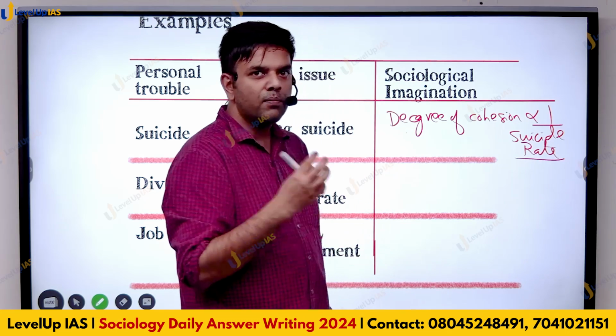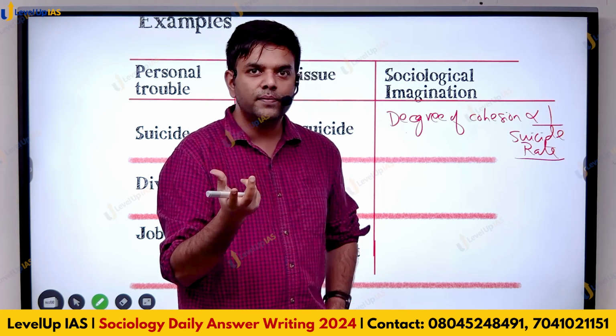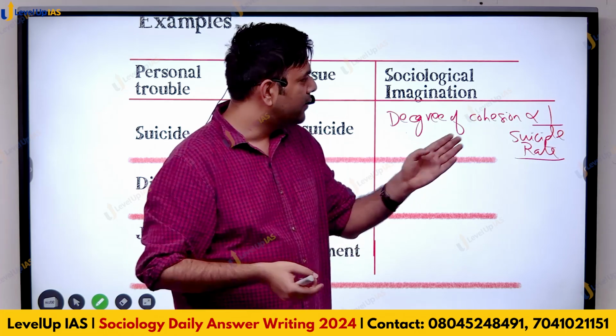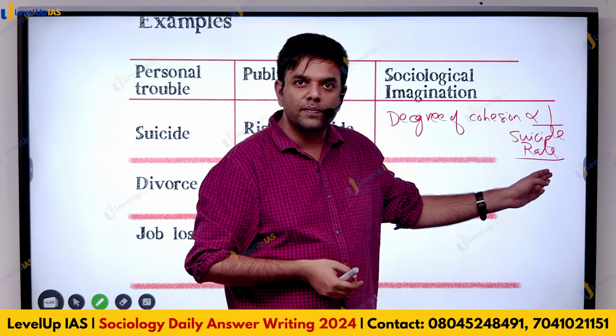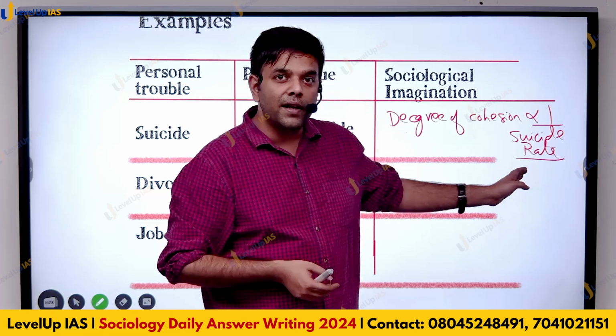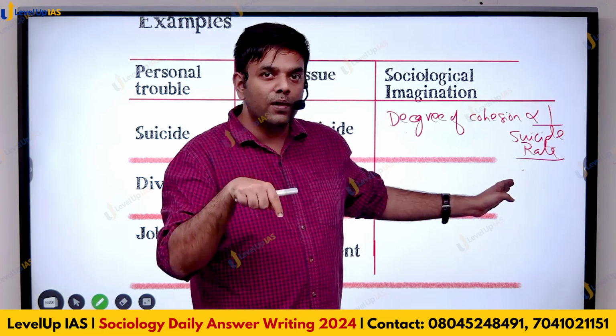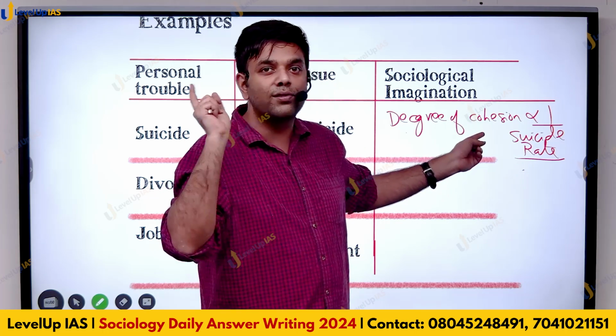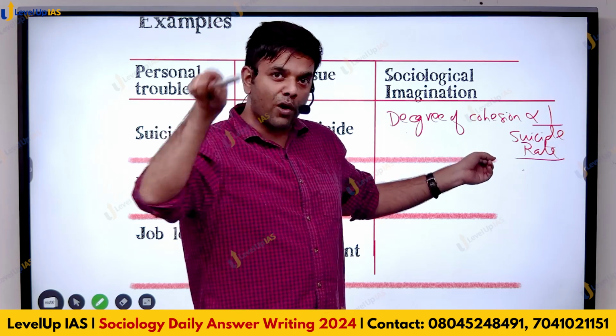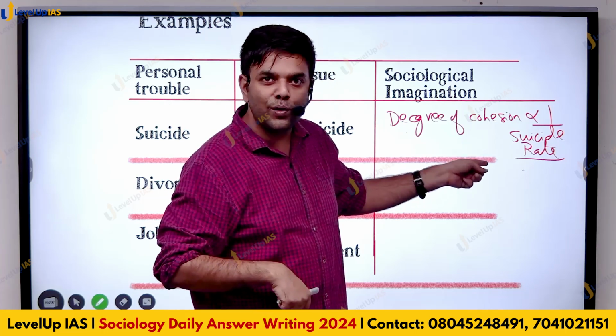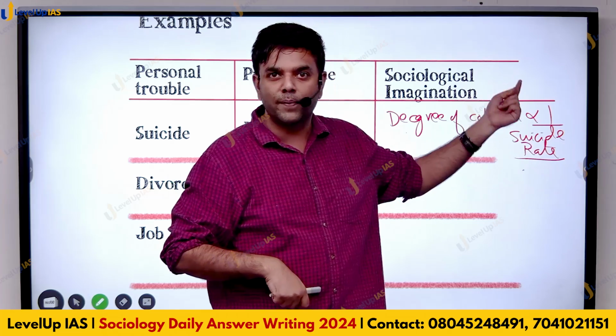That means the more the degree of cohesion in society, the lower the suicide rate. That means suicide rate in traditional society was very low because degree of cohesion in traditional society is very high. In modern society, degree of cohesion is very low. Therefore, suicide rate is very high.